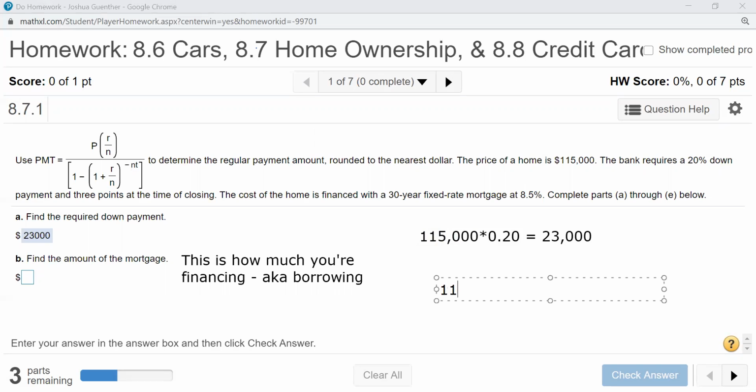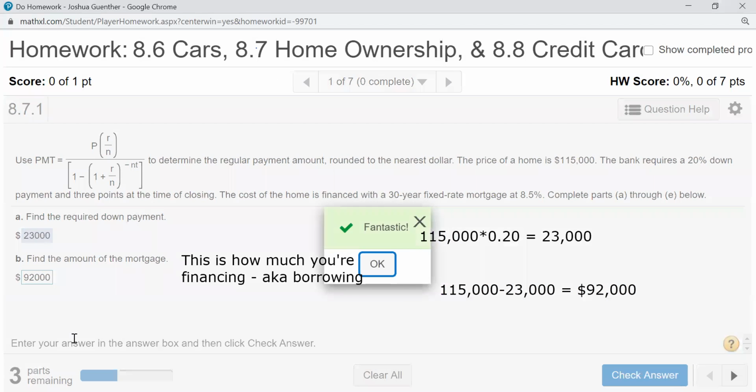So you need to do $115,000 minus the $23,000 that you already paid in your down payment, and the difference is $92,000. So you need to basically get a home loan for 92 grand.